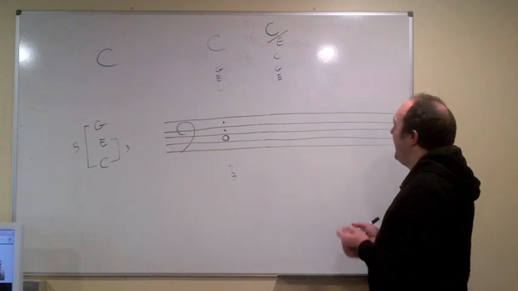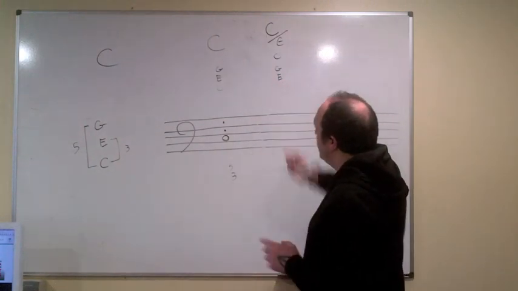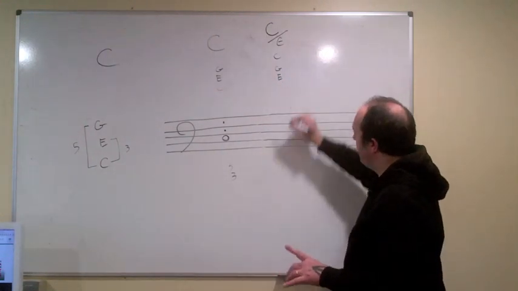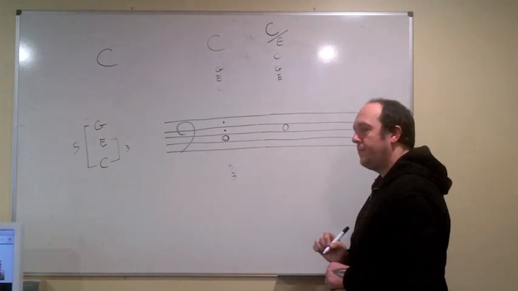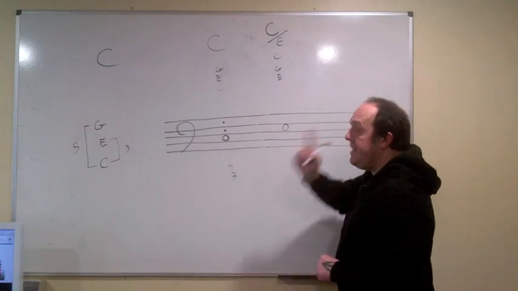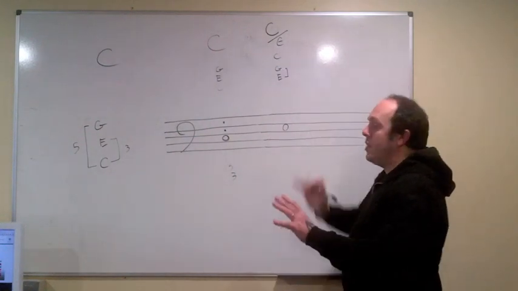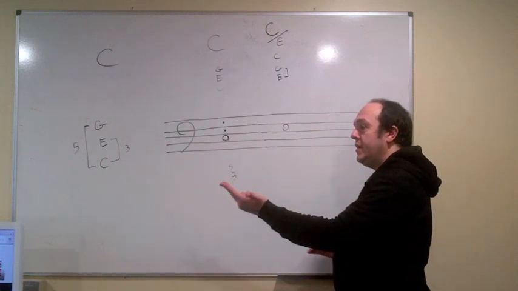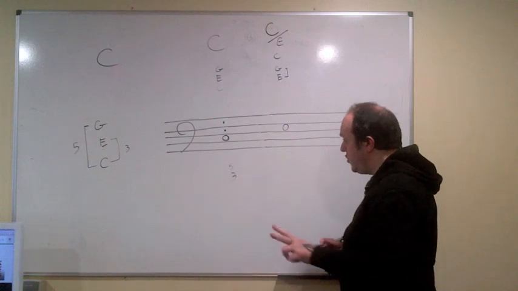So we have an E at the bottom. Let's put the E at the bottom here, just to start with. What's the interval between the E and the G? Just the number. E, F, G. A third. Between E and G, it's a third.